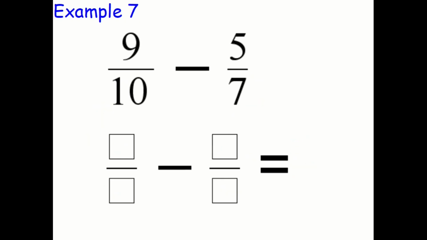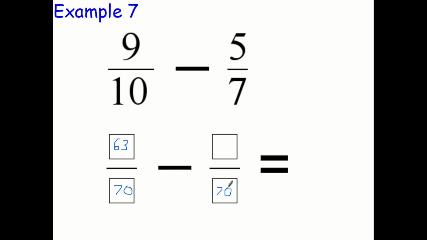Example 7, a subtraction. Here the lowest common multiple is just going to be 10 times 7 to give me 70. There's nothing lower that both those numbers go into. How many 10s in 70? There are 7. 7 9s are 63.